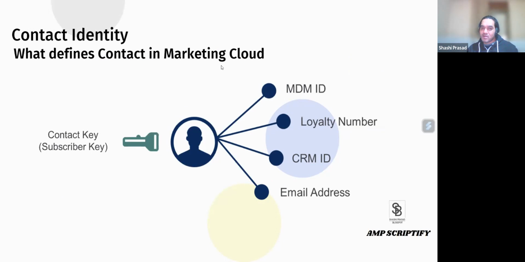If you know it better, like if you're using MDM ID, or loyalty number, or the CRM ID like the lead ID or contact ID, or if you don't know the upstream system and you're doing a manual import, sometimes people use email address. So this relationship you have to identify, and the relationship building is done based on the contact key and the subscriber key.